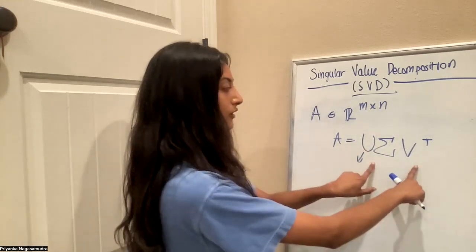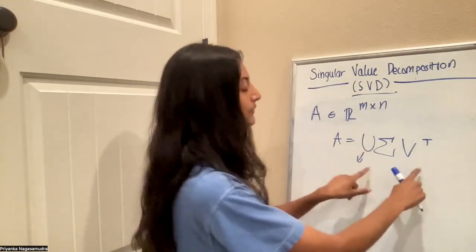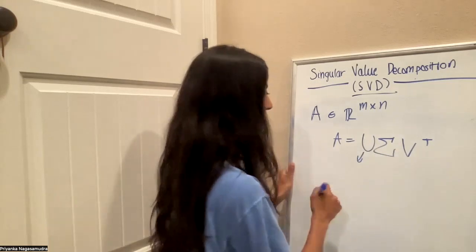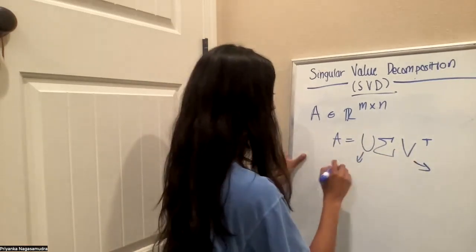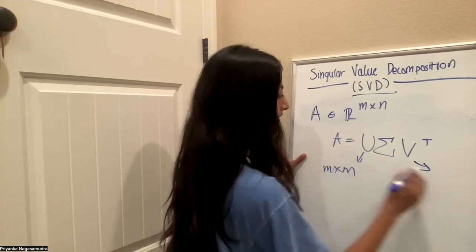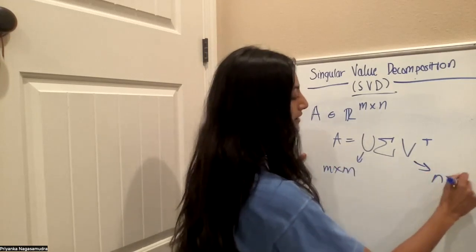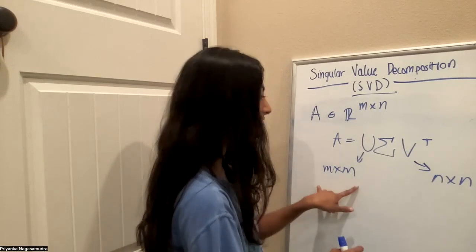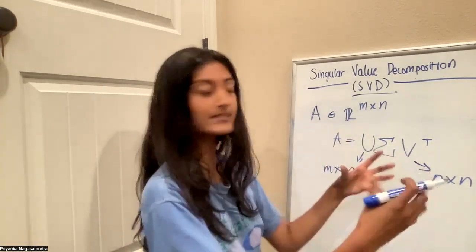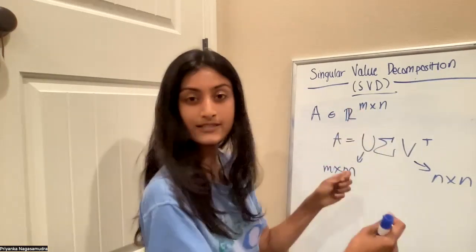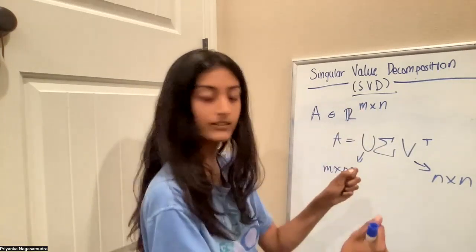U and V are both called orthogonal matrices, and what that basically means is that they're doing rotations. U is an m by m matrix, V is an n by n matrix. U is basically performing the rotation in the m-dimensional space, so for the column vectors.